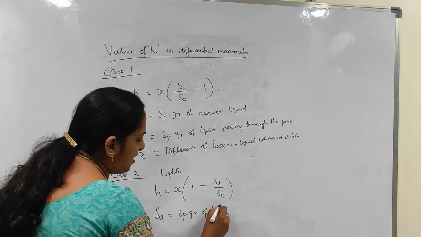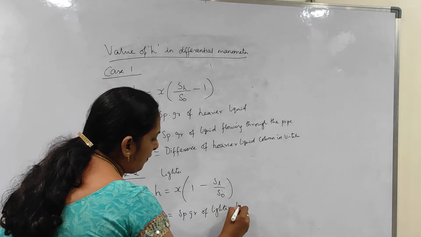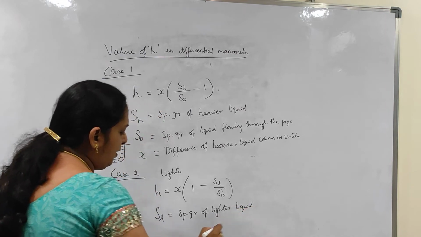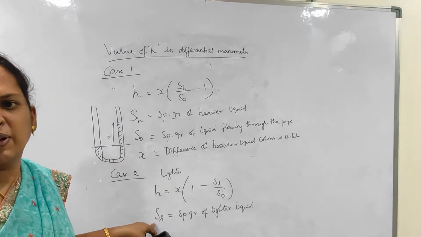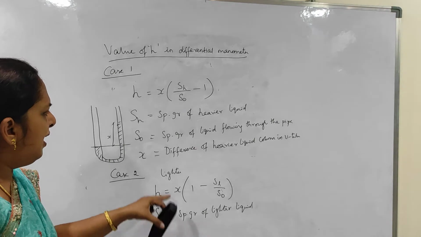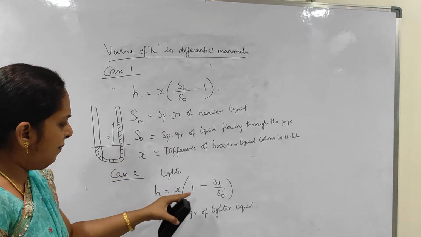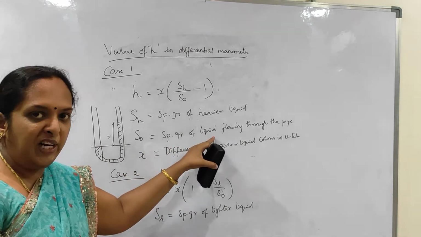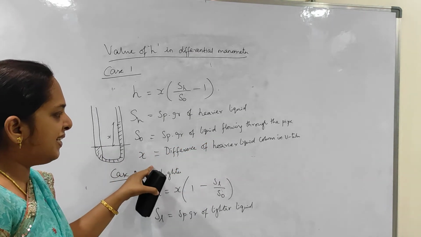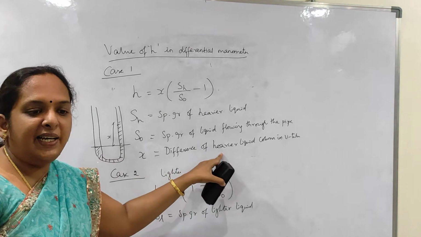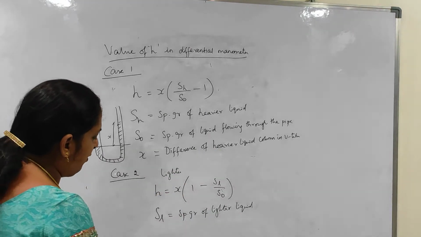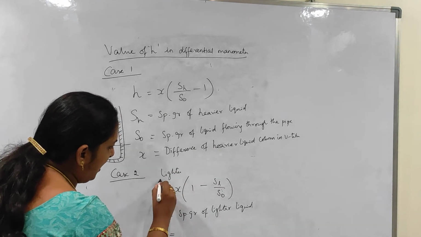All other notation is the same. SL is the specific gravity of the lighter liquid, SH is the specific gravity of the heavier liquid, S0 is the specific gravity of the liquid flowing through the pipe, and X is the difference of the lighter liquid column. It's not the heavier liquid column. Here we are going to consider a lighter liquid.